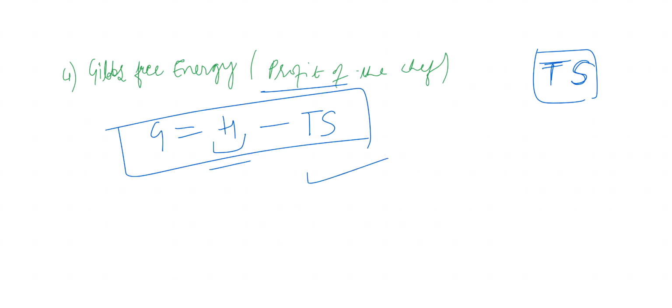It also plays an important role in science. If G is less than 0, the reaction is spontaneous. That reaction will occur by itself.